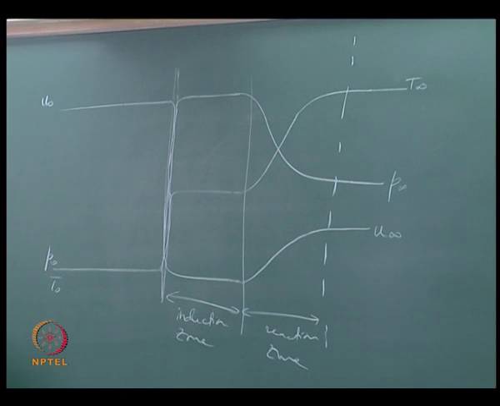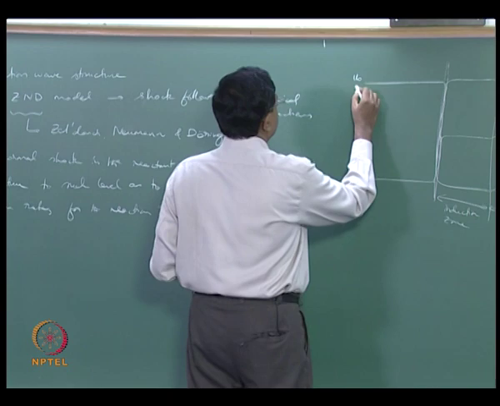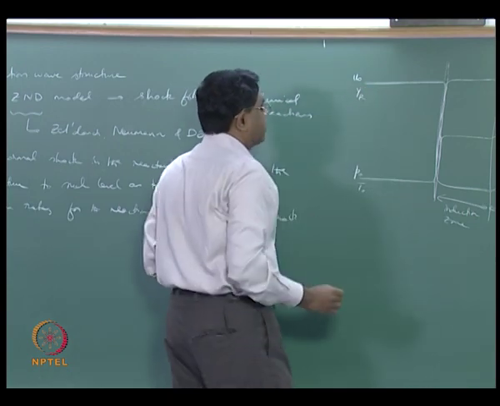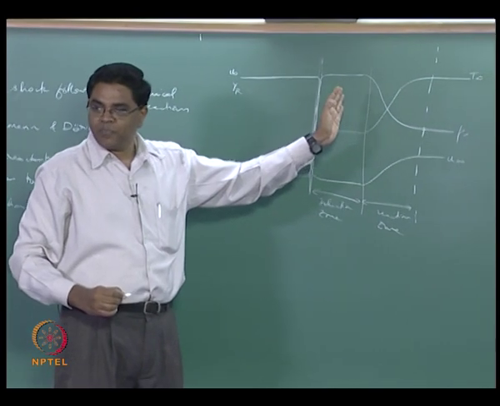But then of course if you now think about reactant concentration, right. So if you now look at reactant concentration, you started out with a high reactant level, so let us say YR, but no change across the shock, right.